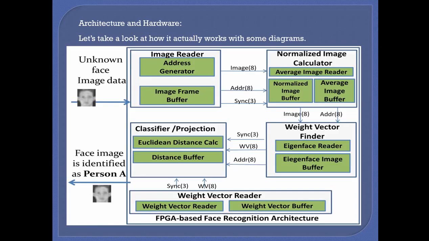You input the image, it then goes into the image reader, which is then passed to the normalized image calculator, which is then passed to the weight vector finder, which is then passed to the classifier projection, and then it outputs the face image of the identified person. And so that is basically the architecture behind what it looks like on the back end.